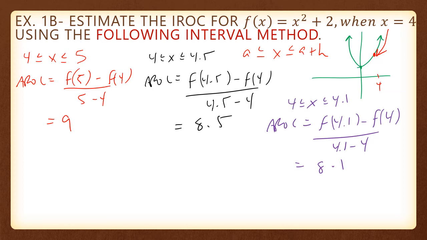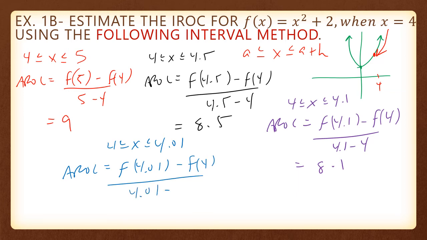And then we're going to do it a fourth time. We have to do it a minimum of 4. So we're going to get even closer. So say 4.01. IROC equals f of 4.01 minus f of 4 all over 4.01 minus 4. 8.01.